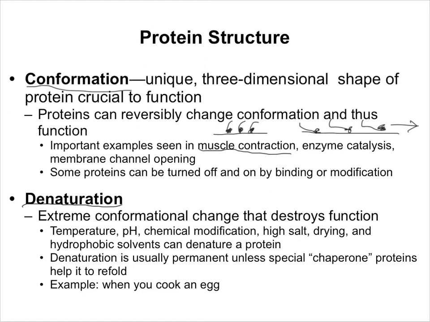Remember, we said that this three-dimensional structure is partially held together by these charge-charge interactions. Well, if something goes from having a positive-negative charge interaction that's holding this thing together to having a positive-positive interaction, now it's forcing them apart. And that's going to change the shape.